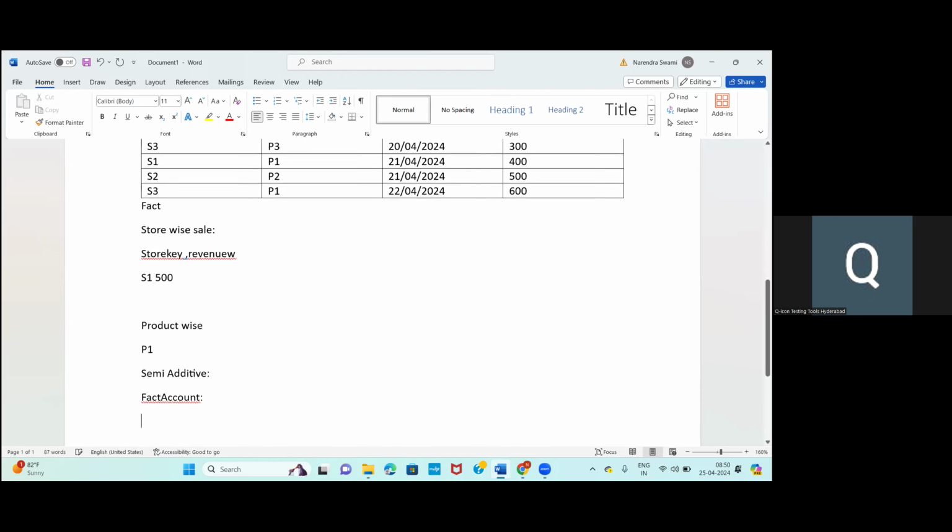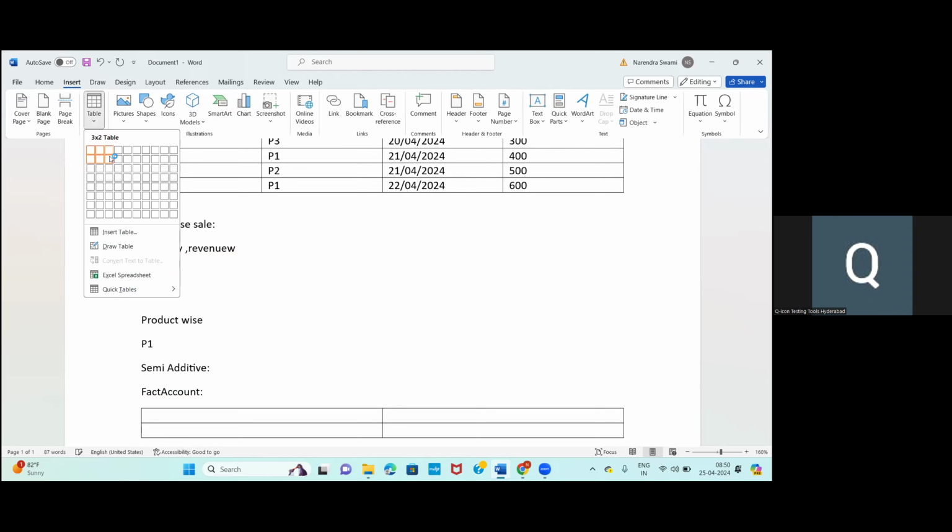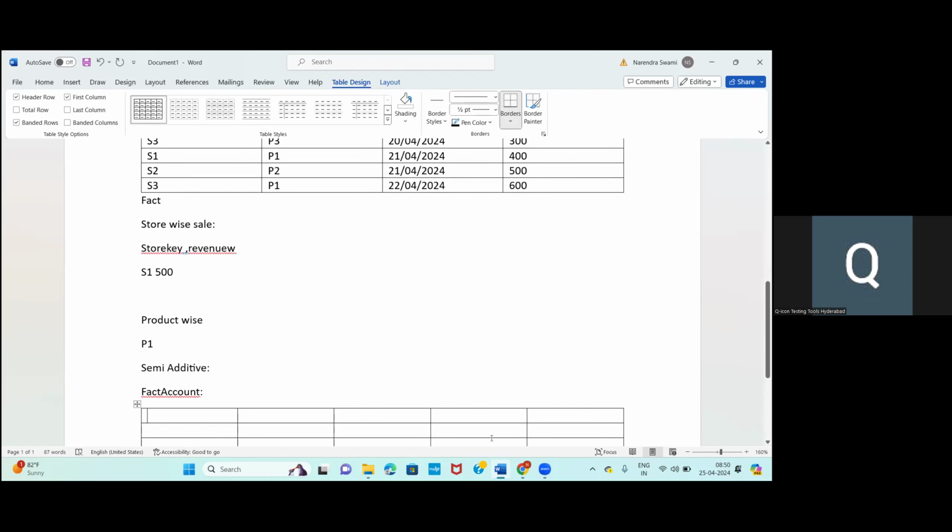The table name will be fact account, and I will take two columns: account ID and transaction date key.